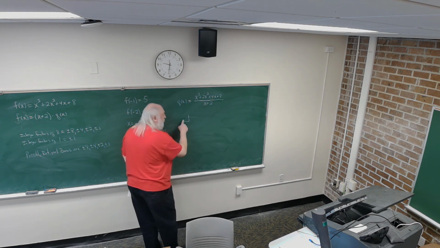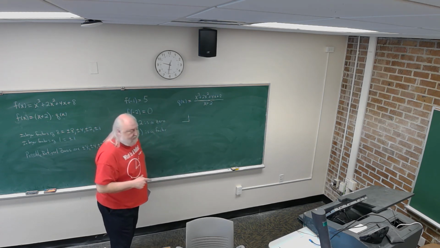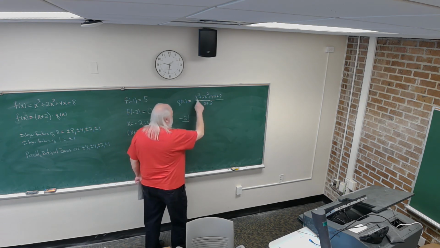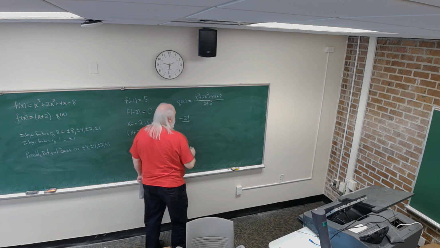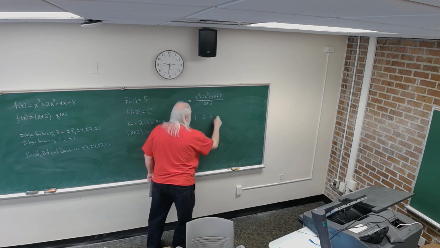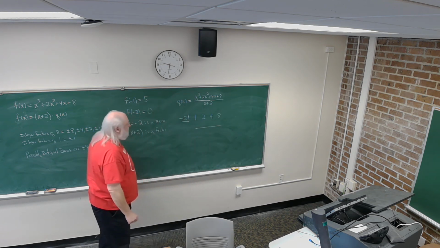What number goes in the box? Yes, negative 2. And then you write out the coefficients of our third degree polynomial to the right, which are 1, 2, 4, and 8. And then you perform the synthetic division.